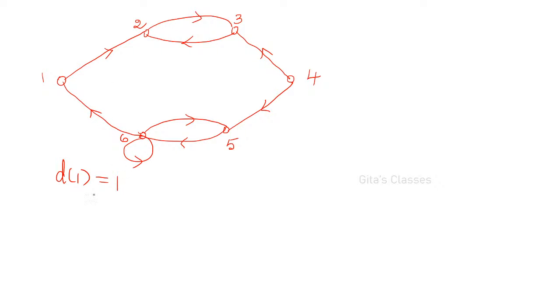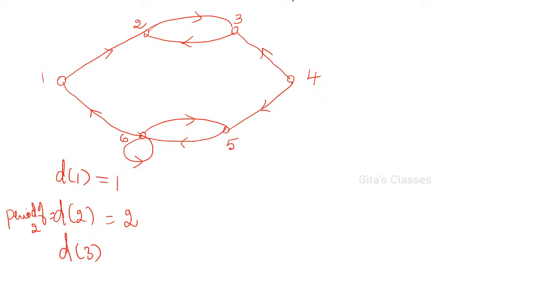Now what about d(2)? From 2 you can go to 3 and from 3 back to 2. There is only one possible way, no other, so the period of 2 is 2. What about the period of 3?